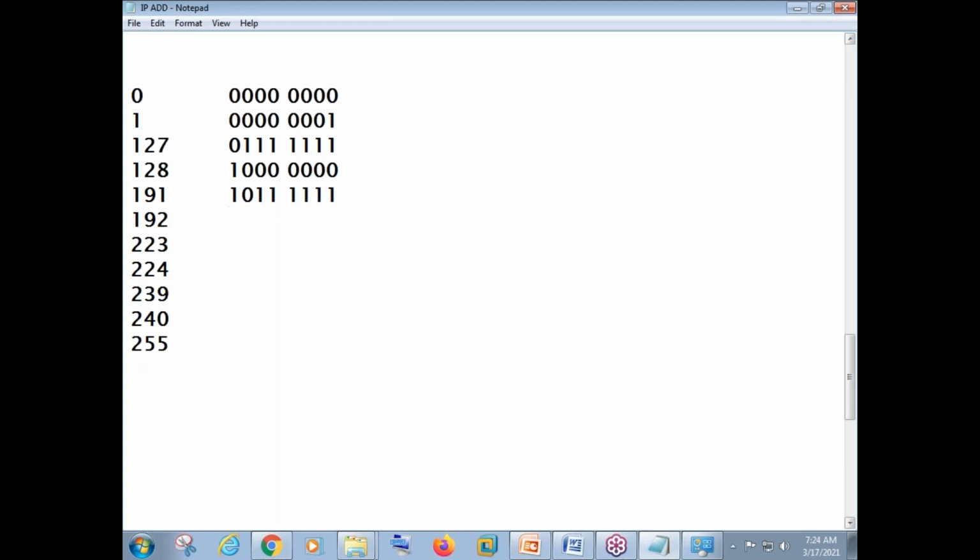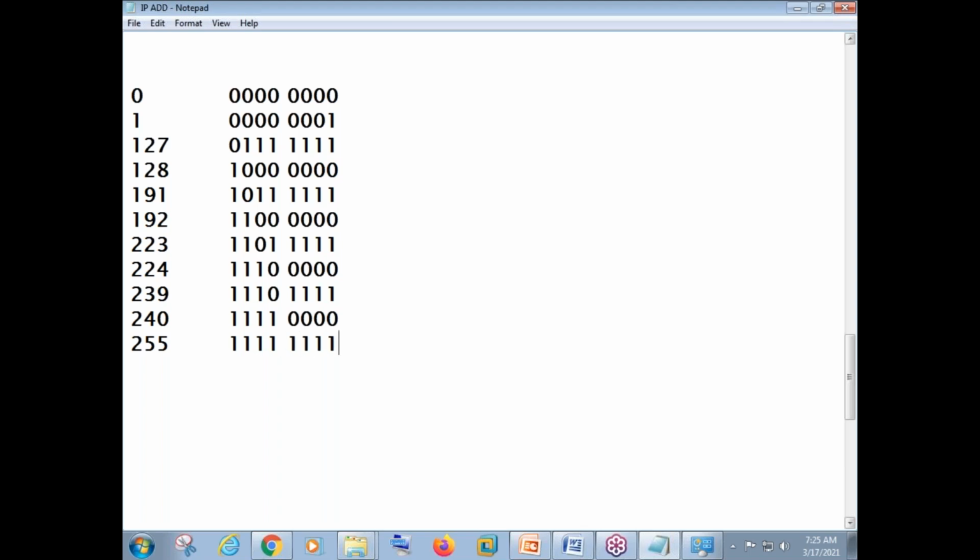These are the conversions in binary. Okay, fine. These are your decimal numbers and these are the binary numbers.